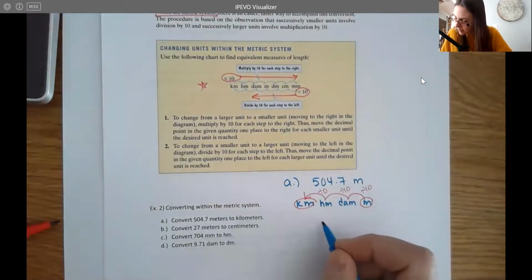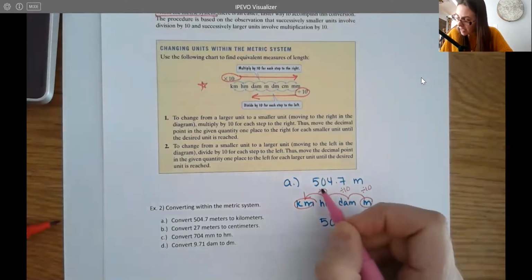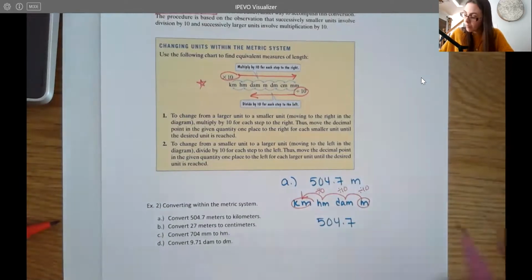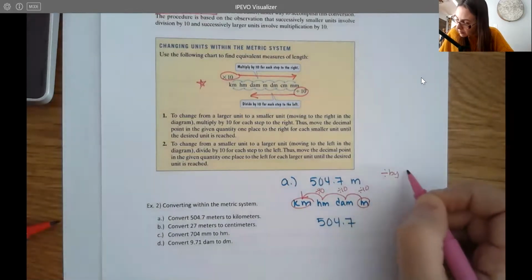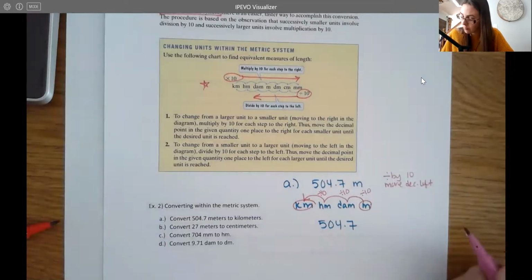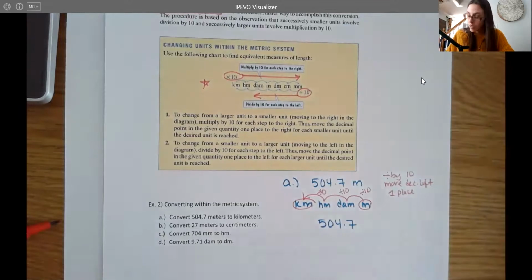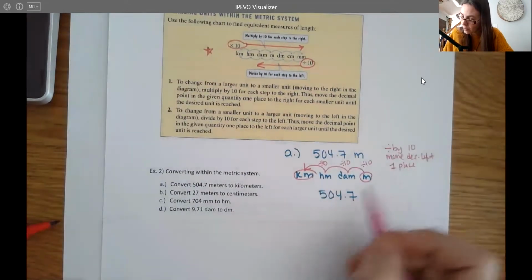So I'm going to take that 504.7 and divide it by 10 three times. Remember, when you're dividing by 10, we move the decimal left 1 place each time. So if I'm dividing by 10 three times, I go 1, 2, 3.